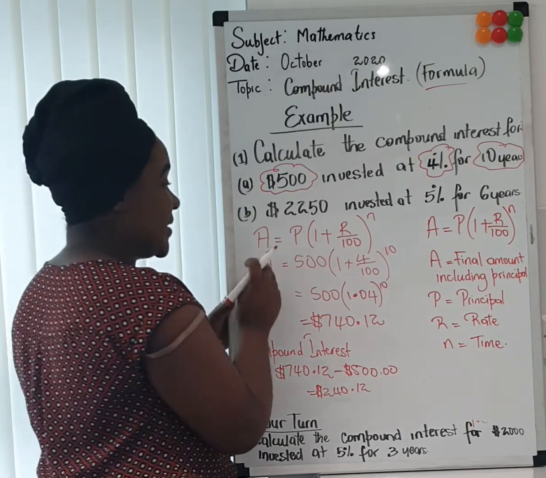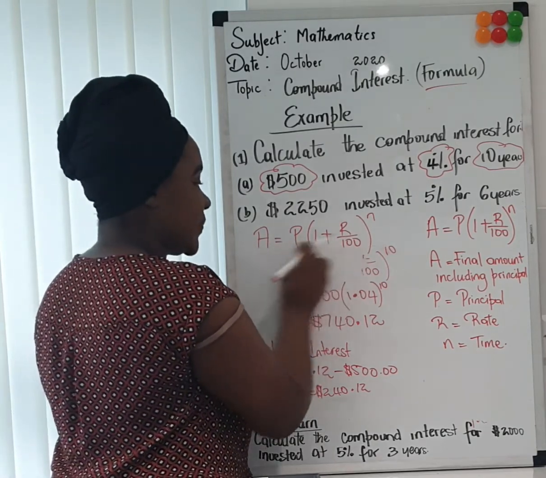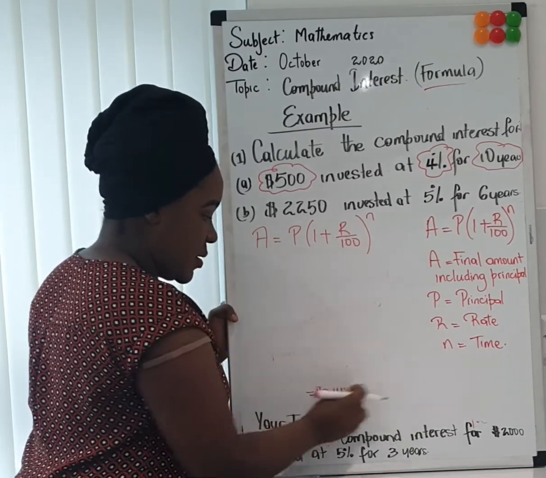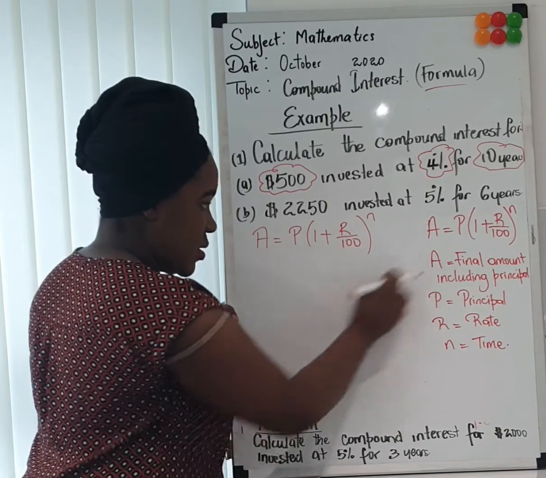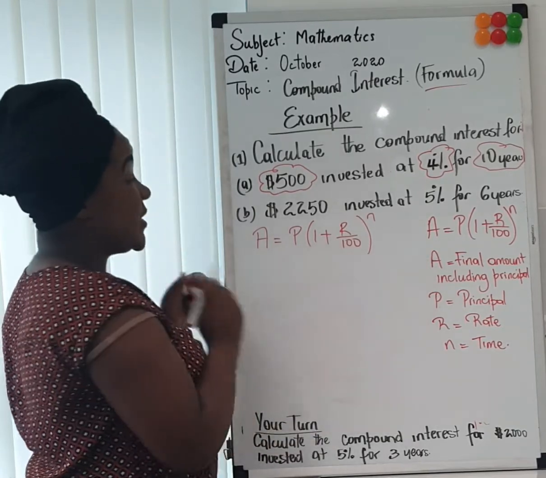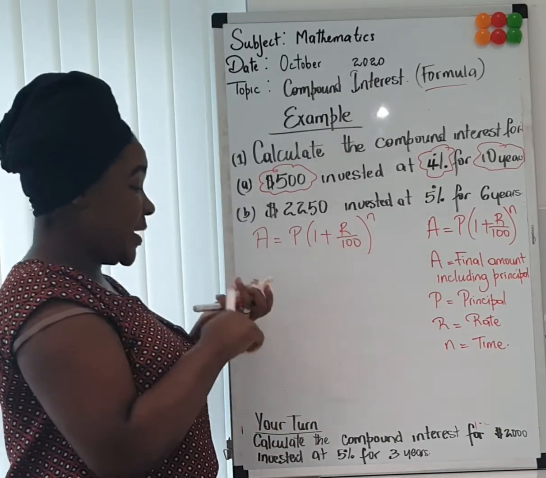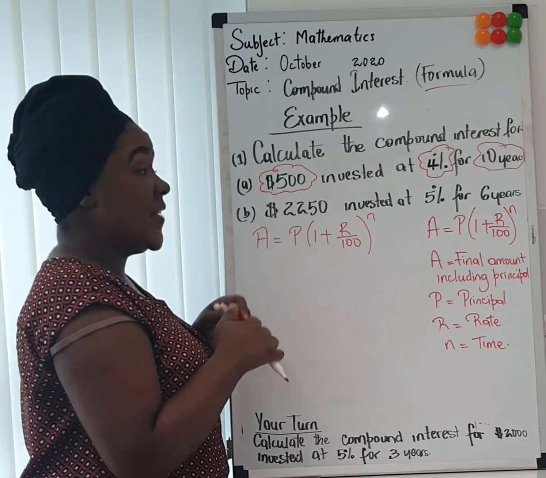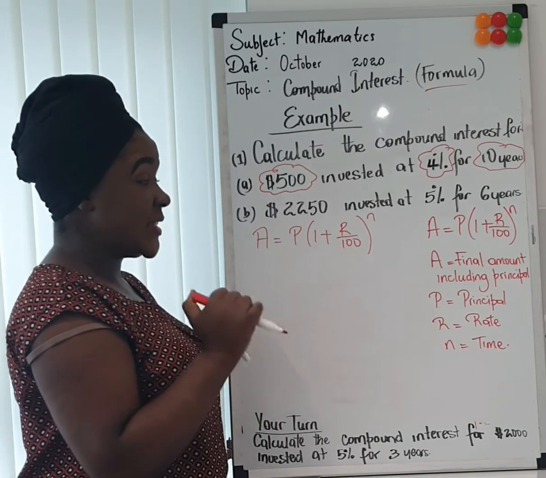I'm going to erase. Alright, so we're going with B now, and this is 2,250 invested at 5% for 6 years.